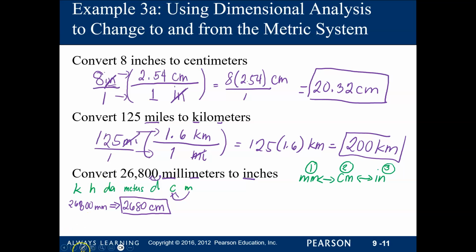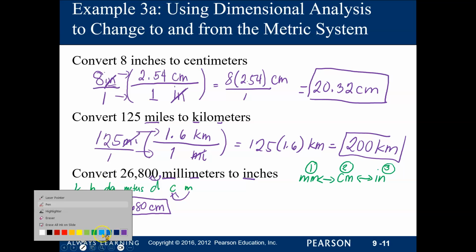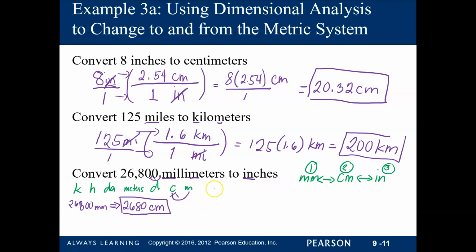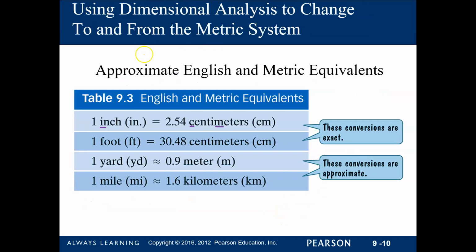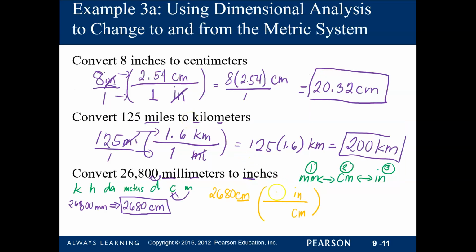Can we change centimeters to inches? Yes, we can. Now we are given 2680 centimeters. We need to change it to inches. We are given cm, cm is at the bottom, inches is on the top. What's the conversion between inches and centimeters? 1 inch, 2.54 centimeters. So 1 inch is over here, 2.54 centimeters is at the bottom.